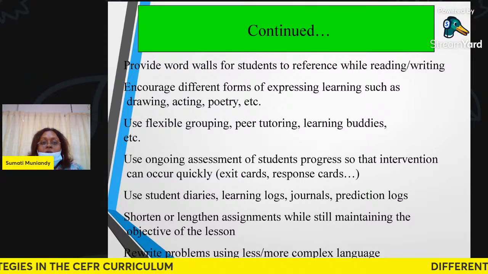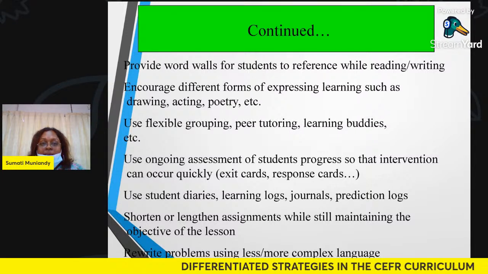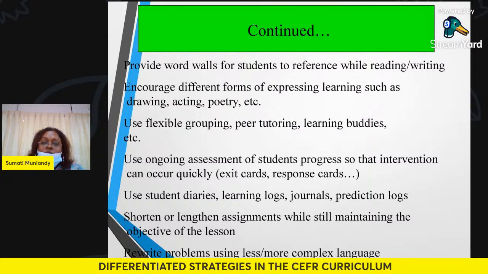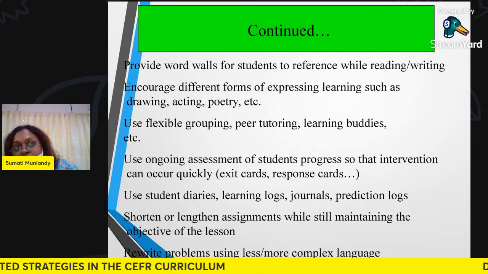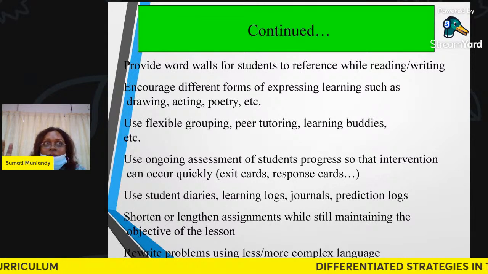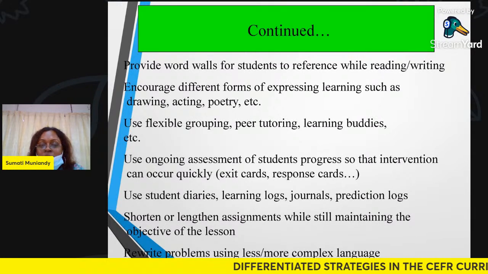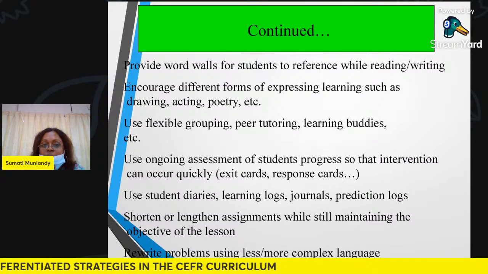Okay, use ongoing assessment of students' progress so the intervention can occur quickly. As I told you, if you look at the traditional, just now I explained to you the traditional and the current curriculum. You have to identify the problem there, and then you have to solve it. If the students are weak, you just find out the ways on how to arrest the problem.